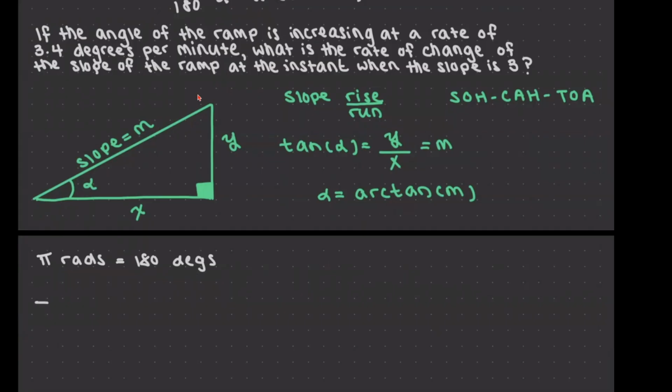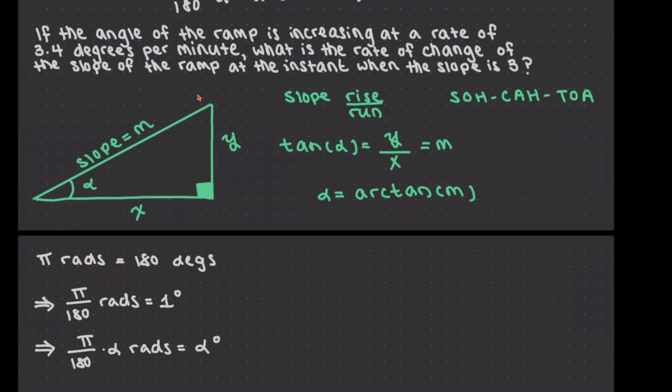So pi over 180 radians is equal to 1 degree. Since alpha is in degrees, pi over 180 times alpha radians is equal to alpha degrees.